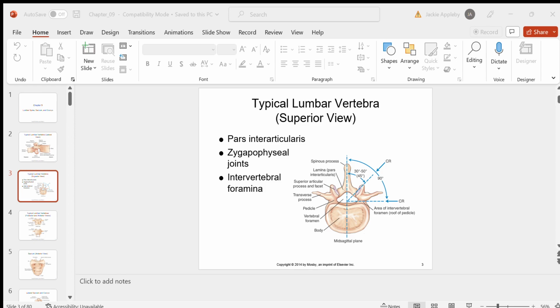You have to rotate this body 45 degrees into the right anterior oblique. So this zygapophyseal joint will be rotated into that position. So when you put the patient into RAO, you would demonstrate the left-sided zygapophyseal joint, right?